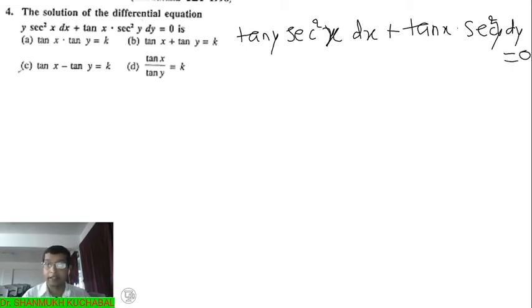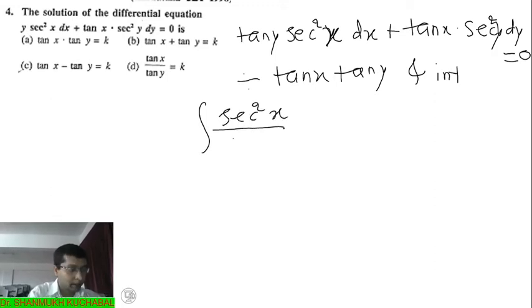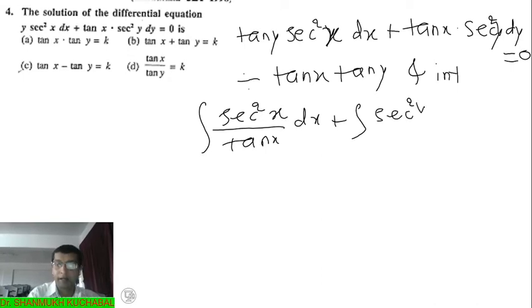Here we have to collect x and dx on one side and y and dy on the other side. So we will divide by tan x into tan y, and we will integrate along with this. We get sec square x divided by tan x dx plus sec square y divided by tan y dy equal to 0.